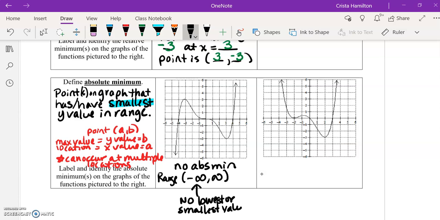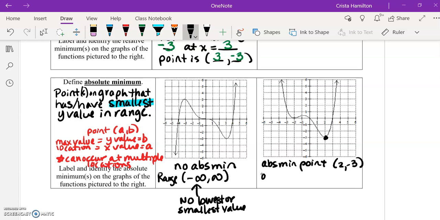You have to have a bracket and a value at the bottom of the range in order to have an absolute minimum. If I'm looking at this one, the lowest value on the graph down here is occurring at -3. So the absolute min point is going to be (2, -3).